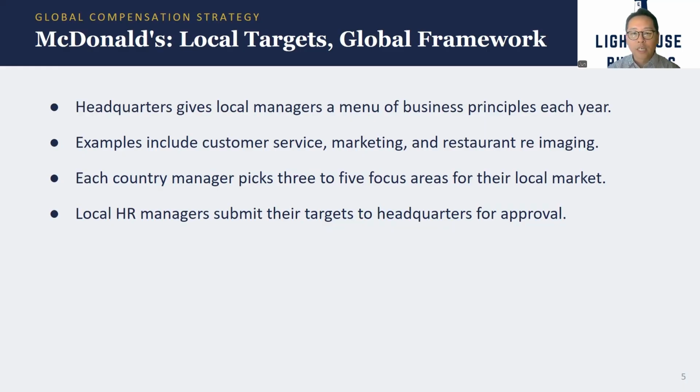For example, if France is introducing a new menu item, its managers might build business targets specifically around that launch. Local human resource managers then submit their business cases and targets to senior executives and headquarters for formal approval. This creates a system that's globally consistent in structure, but locally flexible in content.